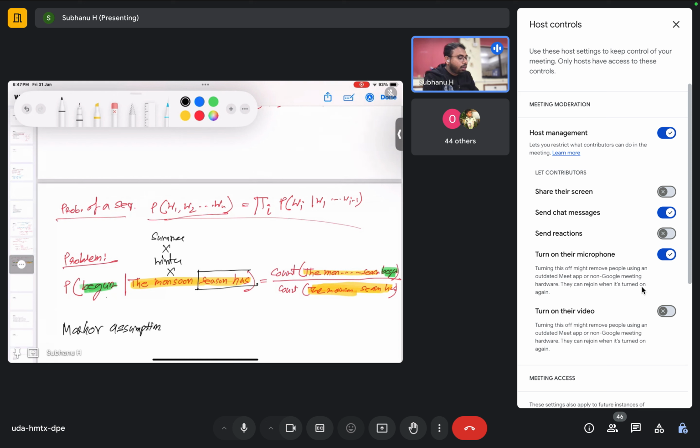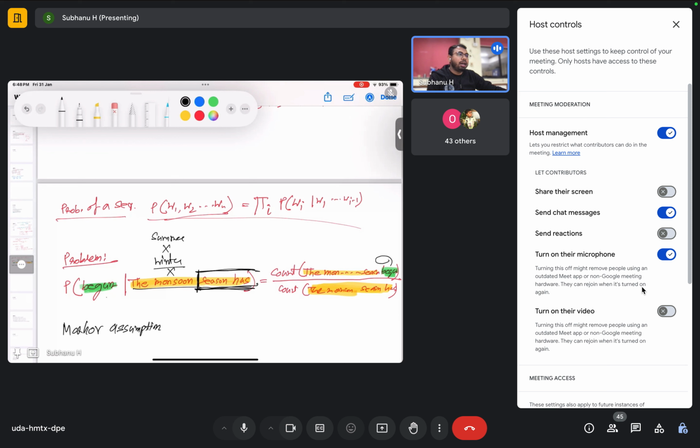So if we just take into account season has, these two words can help me predict begun. Okay, got it? Maybe in my corpus the monsoon season has begun is there, but the winter season has begun is not there. So that's why this can help me predict the word begun. Okay, fine. That's why the Markov assumption is there.